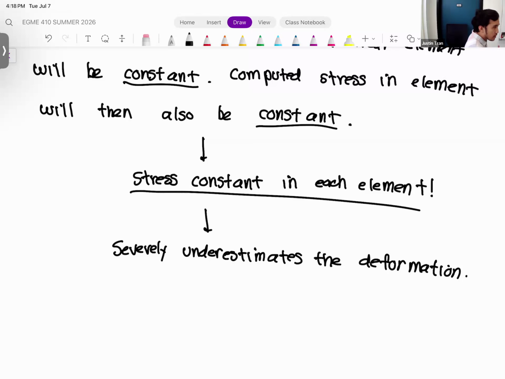If you have shear locking, it doesn't matter how much you increase the forces or the loading, your deformations are always going to be very, very small. This phenomenon where the structure looks like it locks up is called shear lock, which is bad. You don't want shear locking to occur.